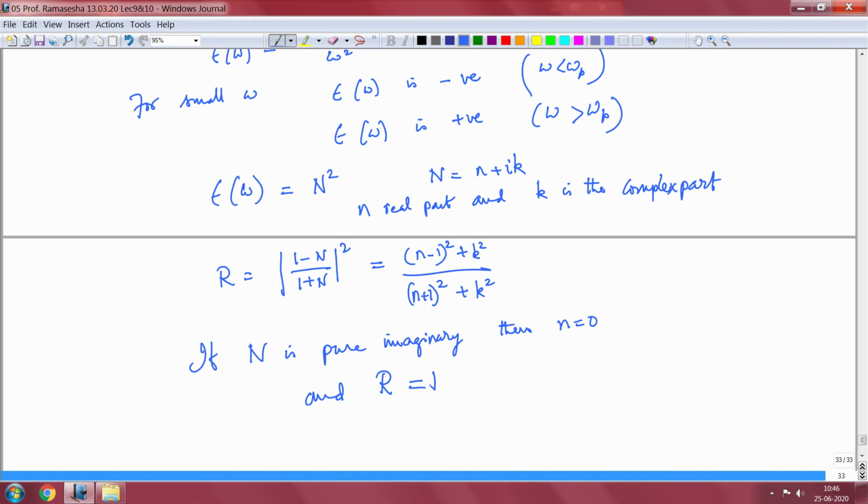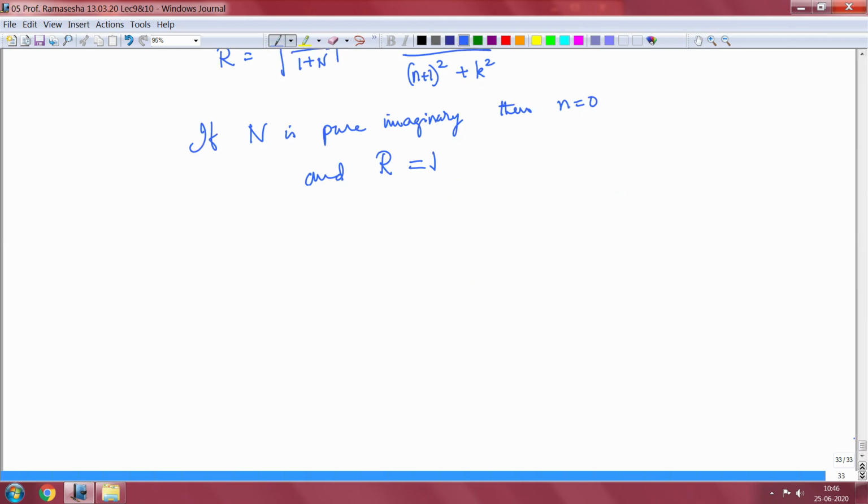That means light of all frequencies less than the plasma frequency will be reflected completely, whereas light of frequency above omega p will have both reflection and absorption. Okay. Now let us see how it is going to explain the color of the metals and the luster of the metals.